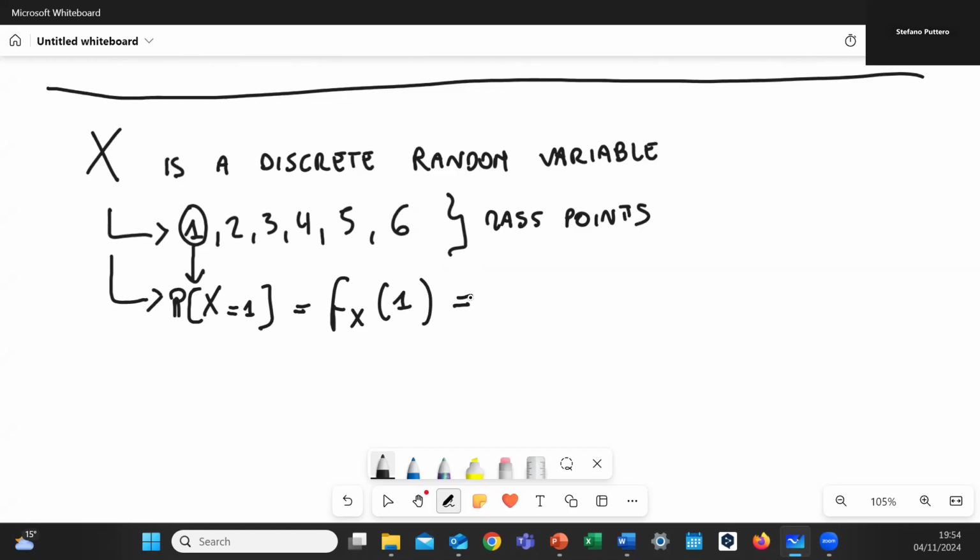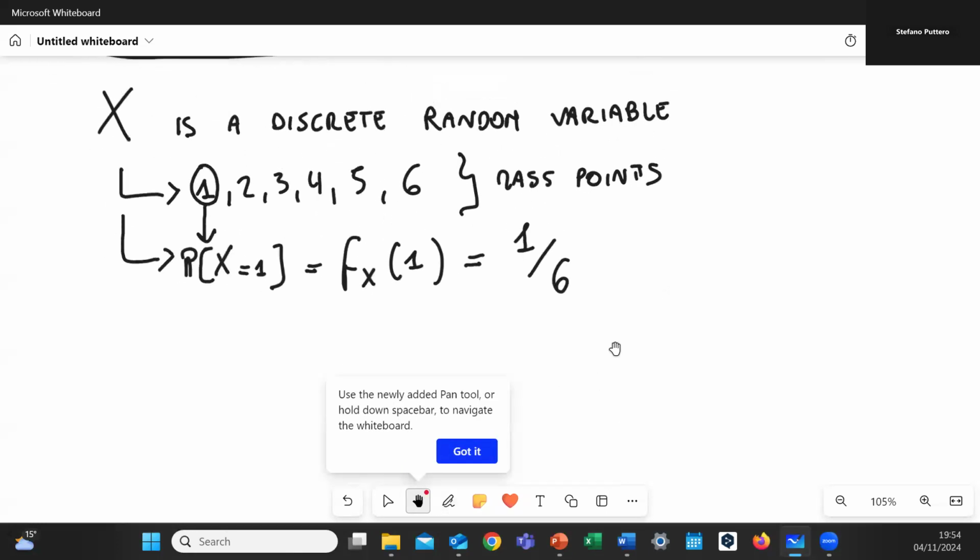If we are dealing with a fair die, we know that this probability is equal to 1 over 6 because all the sides have the same probability to face up. Of course, we have to do this calculation for all the mass points, but as we know, this experiment is described by a uniform distribution, so each side has the same probability, 1 over 6.